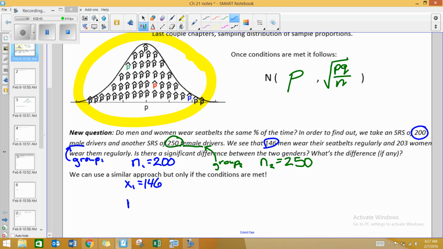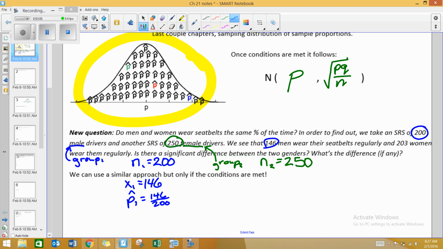And then this would give me my sample proportion for males. And I might write it like that, or I might choose to write it like that. Okay, and so I would just calculate that as 146 out of 200.